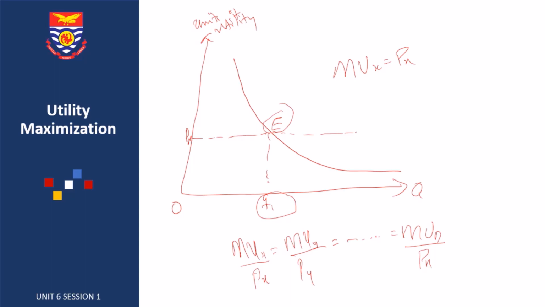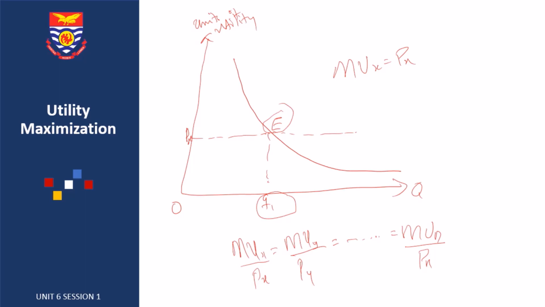So now, do you know that there are some effects of price changes? We note that if the price of commodity X rises or falls, the consumer will buy less or more of it, thus increasing or decreasing the marginal utility so as to re-establish an equilibrium with the law of diminishing marginal utility operating.